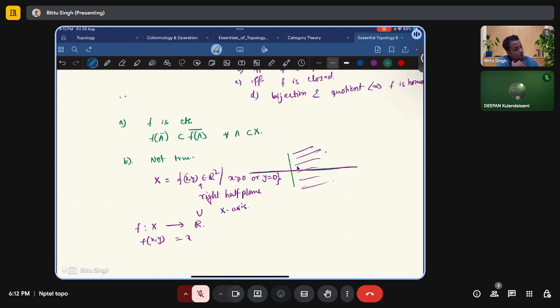For any point (x, y), it is projected down here on the real axis, the x-axis.